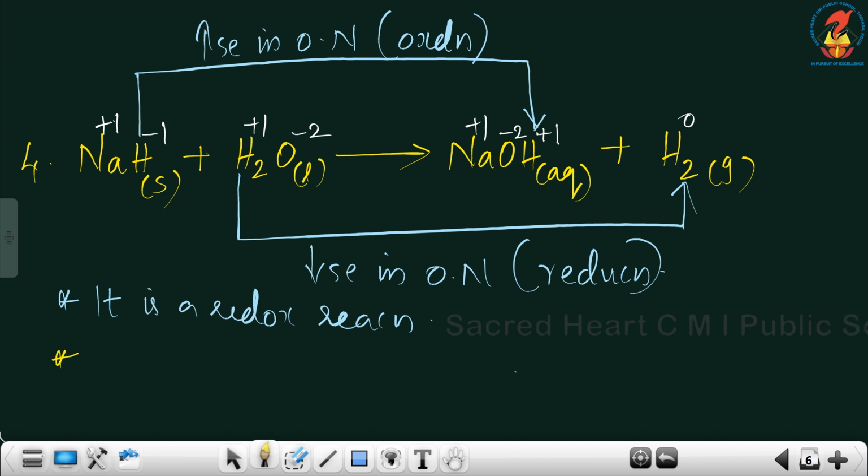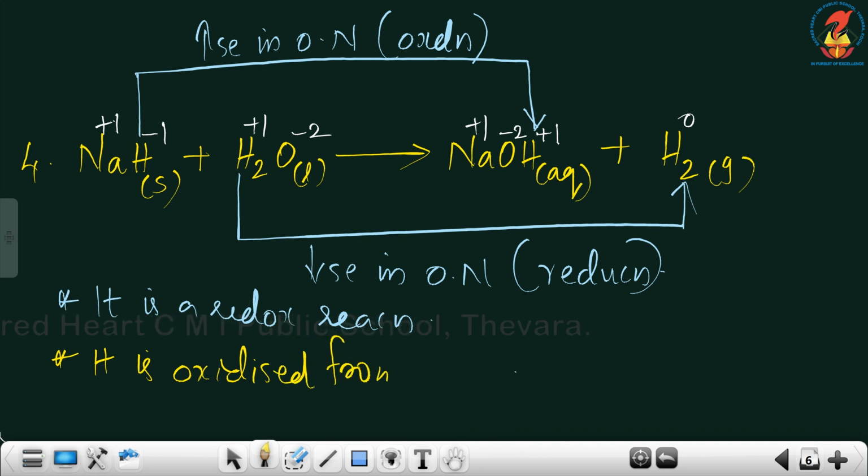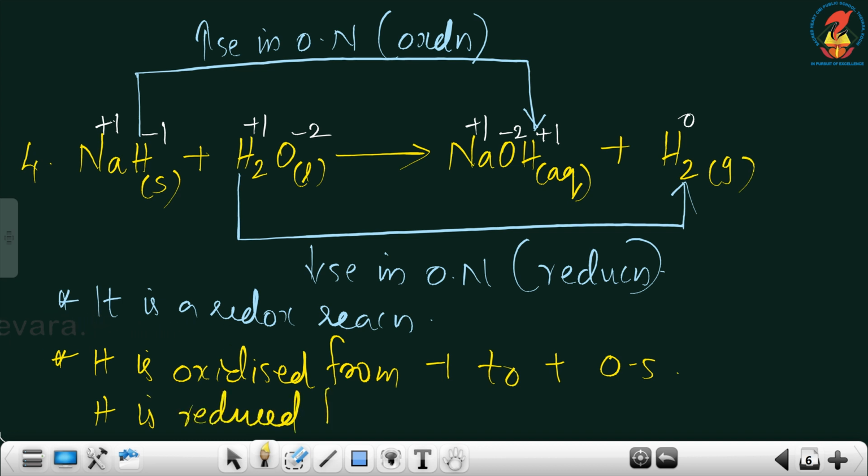Now, what is the change in oxidation number? In the first case, hydrogen is oxidized from -1 to +1 oxidation state. In the second case, the hydrogen is reduced from +1 to 0 oxidation state.